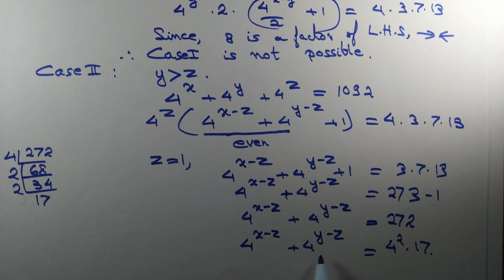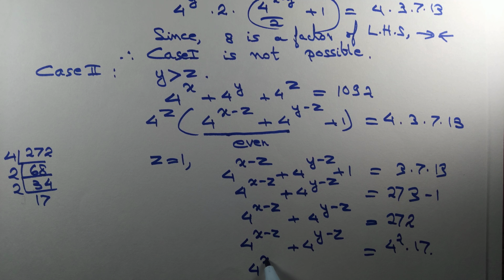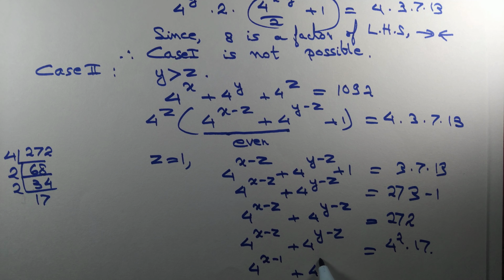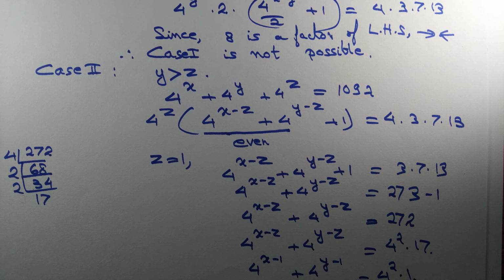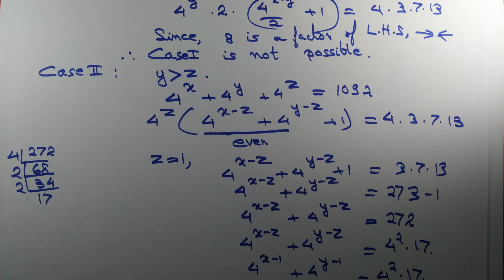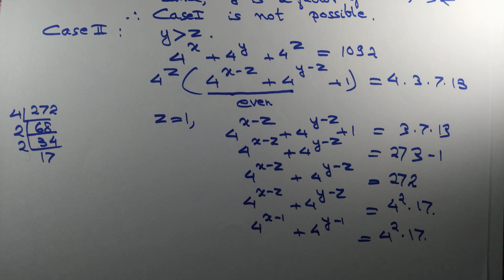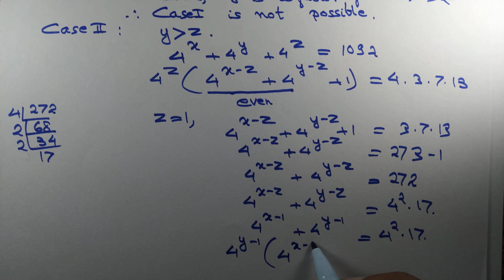Again, we already have z equal to 1, so this can be written as 4^(x-1) + 4^(y-1) equal to 4 squared times 17. As x is greater than or equal to y, we can take 4^(y-1) common: 4^(y-1) times (4^(x-y) + 1) equal to 4 squared times 17.